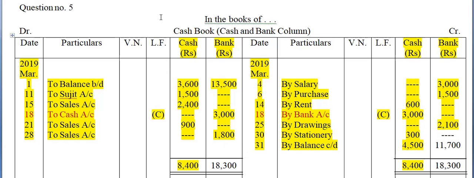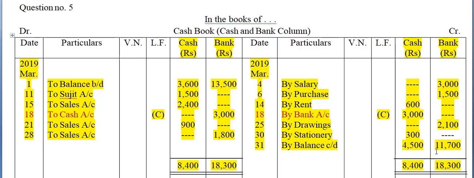So when you find the total of 13500 plus 3000 plus 1800, you will get the amount 18300, and write the same total in the credit side as well. In the next step, subtract these items from 18300, 3000, 1500 and 2100, and then you will get this amount 11700. So this is your balance C/D for bank.